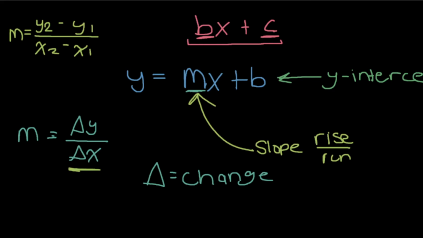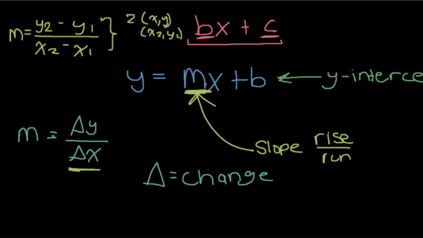You would use this formula when you have 2 points, two sets of coordinates, x, y. You can name one x1, y1 and the other x2, y2, and you subtract the coordinates, y2 minus y1 over x2 minus x1, to obtain the m value.